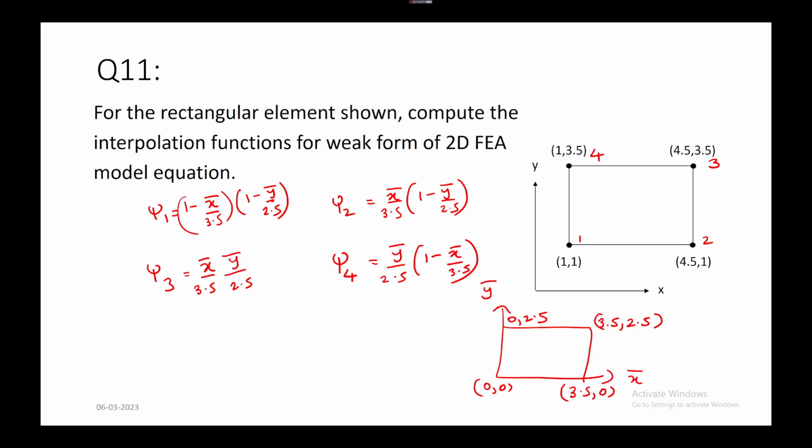So if I put 0 comma 0, I get the value of 1. So this will be 1 at node 1. At 2, 3, 4, if you put x is equal to 3.5, 3.5 by 3.5, 1 minus 1 is 0, so it will become 0.